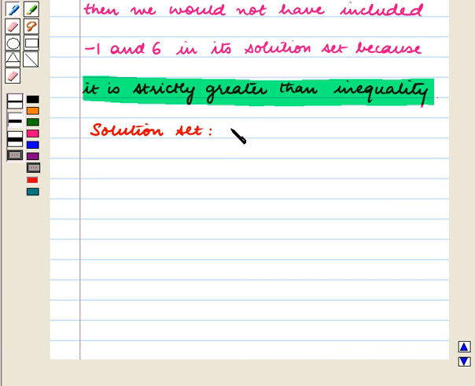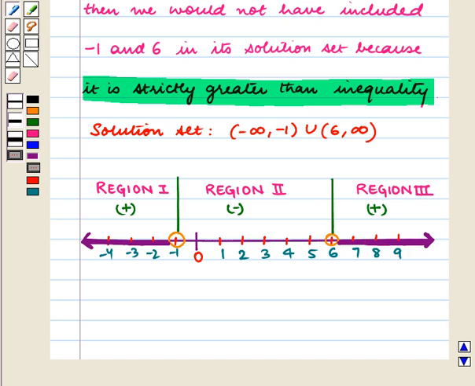Then its solution set will be open interval (-∞, -1) union open interval (6, ∞). And on the number line, we will keep hollow circles at -1 and 6 and will darken the line from -1 to -∞ and from 6 to ∞.